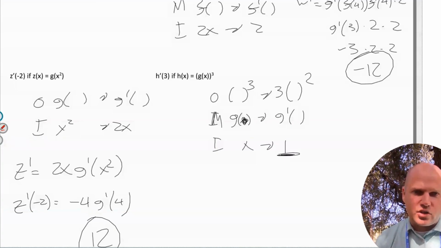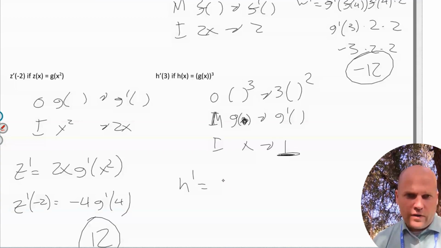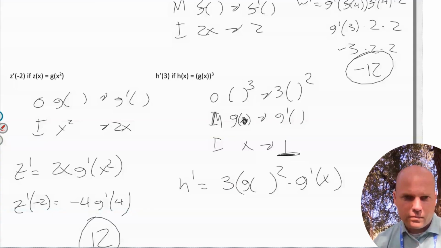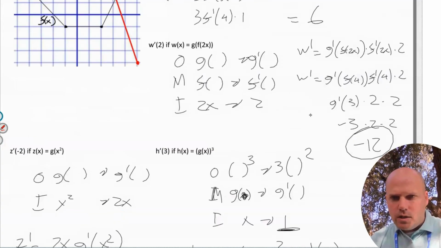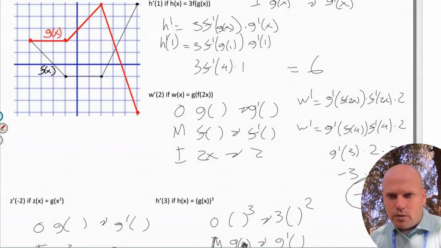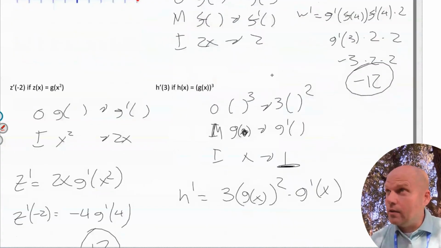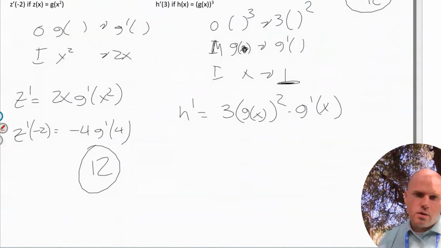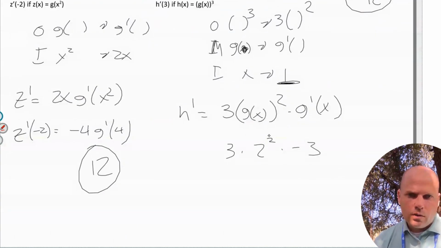So that's just an interesting thing to play around with if you're unsure. So I have 3 g of x squared times g prime of x. At 3, 1, 2, 3, 1, 2, 2 and negative 3. Times negative 9 is negative 36.